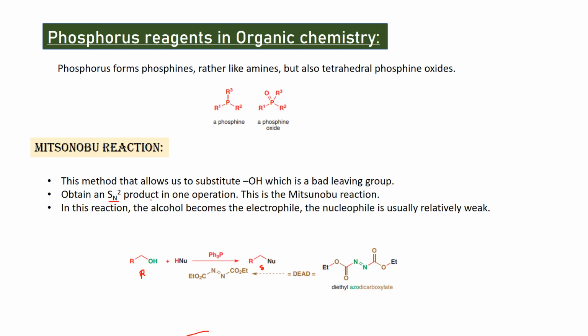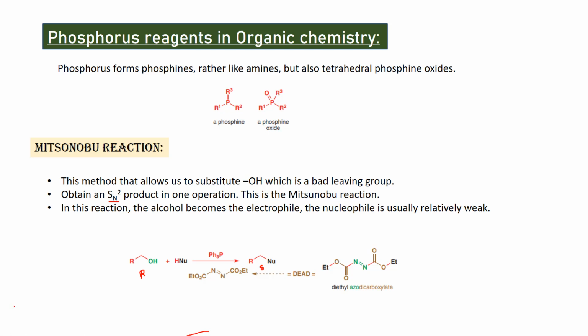So if you have an alcohol as your substrate and you want to remove the OH from the system, which is a bad leaving group, we can perform this Mitsunobu reaction, which transfers this OH to a good leaving group and removes it easily from the system.